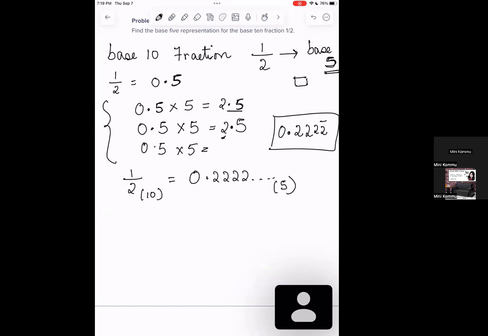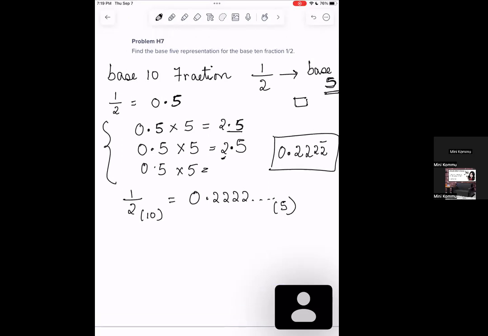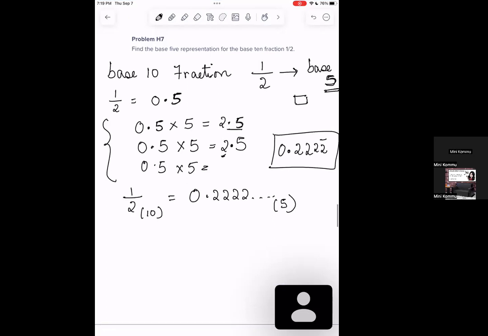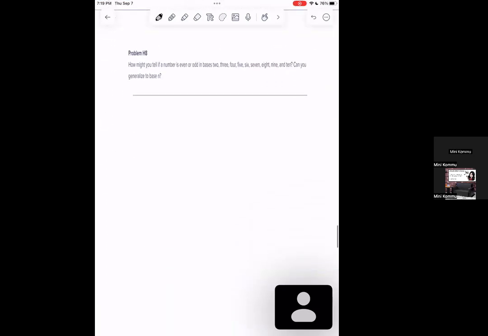I'm taking the integral part and putting it in my answer box after the decimal point, because this is the 5th place. And what is left out? 0.5. Again, I'm going to multiply it with 5, and I'm going to do that until I get a whole number. In this case, it keeps repeating. So I conclude that 1/2 in base 10 is actually 0.22222 and so on and so forth in base 5.